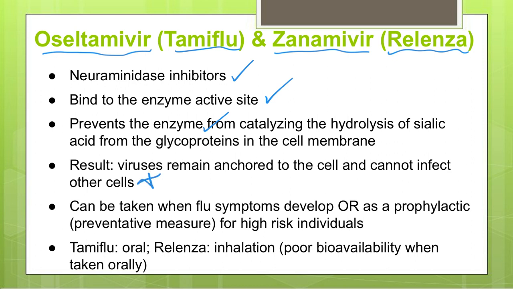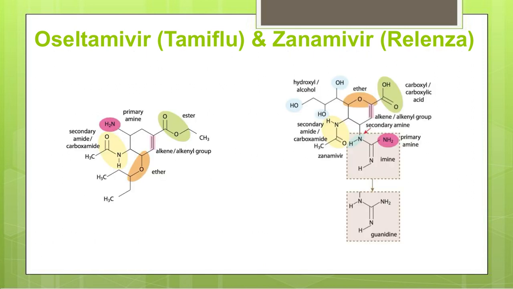So the viruses remain anchored to the cell and can't infect other cells. They can be taken when flu symptoms develop or as a preventative measure for high-risk individuals. Tamiflu is oral, whereas Relenza is inhalation because it has poor bioavailability when taken orally.